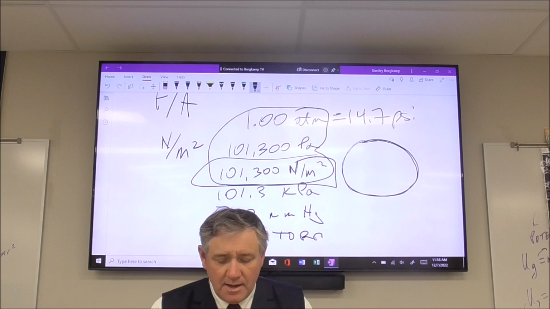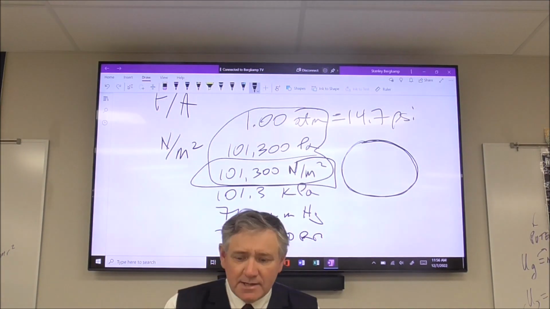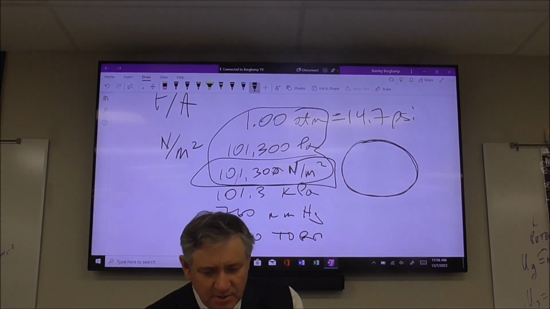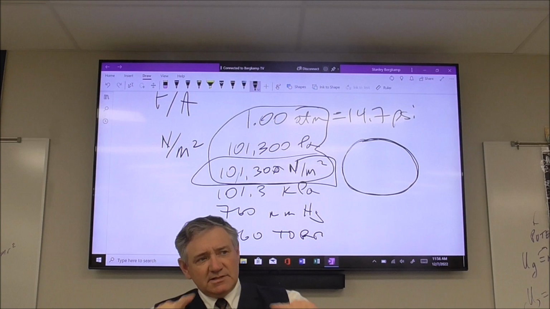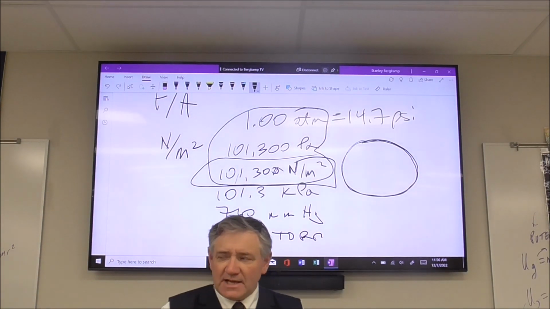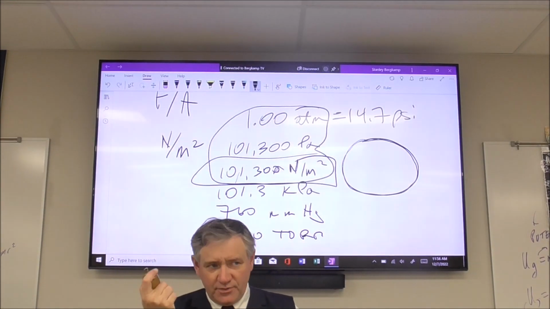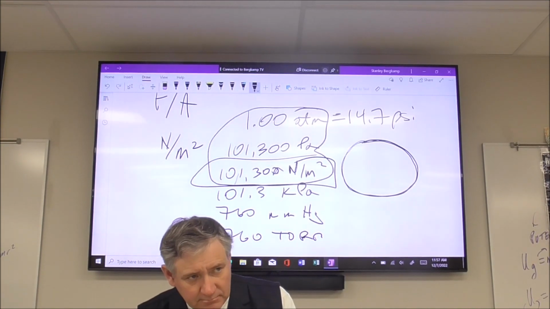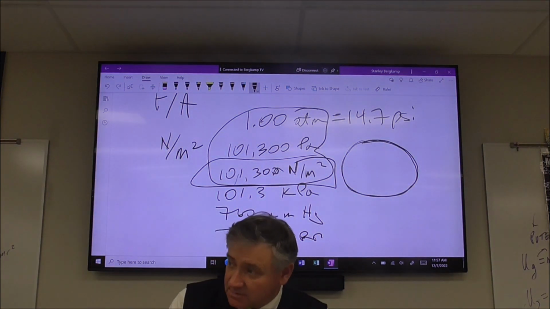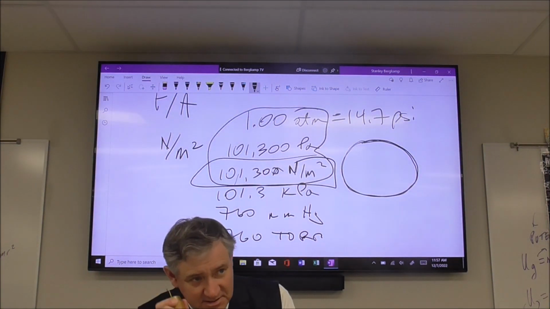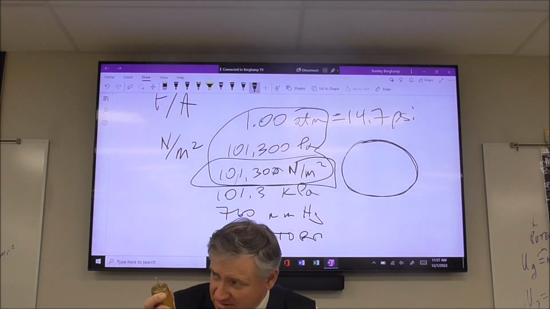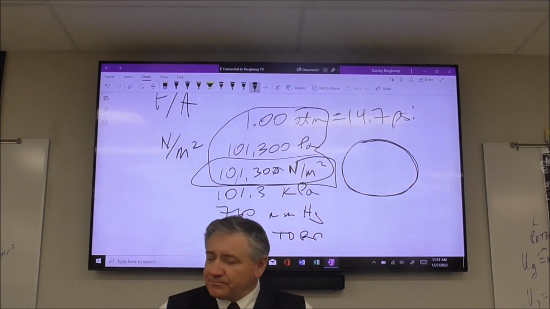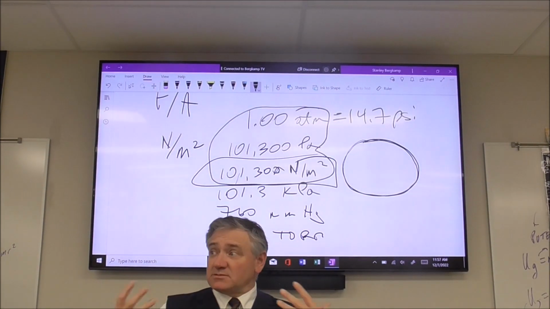If you have a square meter, that's like having 10,130 of these in that square meter pushing down, because that's an equivalent amount. You'd have to have over 10,000 of these in that area creating that pressure. And you go, oh, that's a lot. And it is. But that's what we're used to.